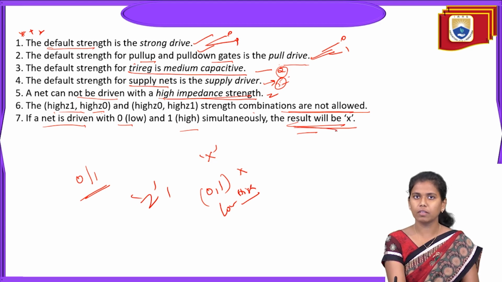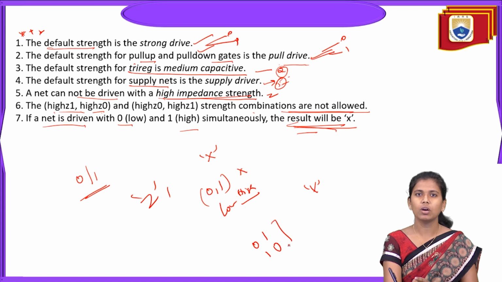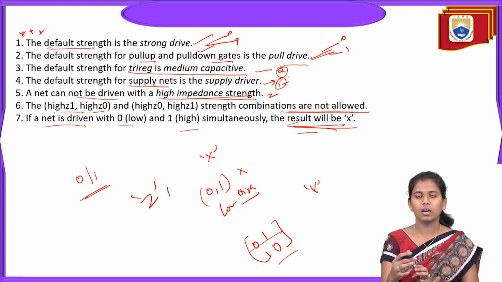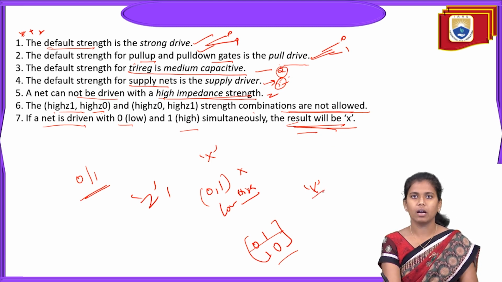And the important thing to remember is the result. If you are getting an unknown value, it means that the inputs 0 and 1, and 1 and 0, are driven simultaneously. In such cases we see the output goes with the unknown value.